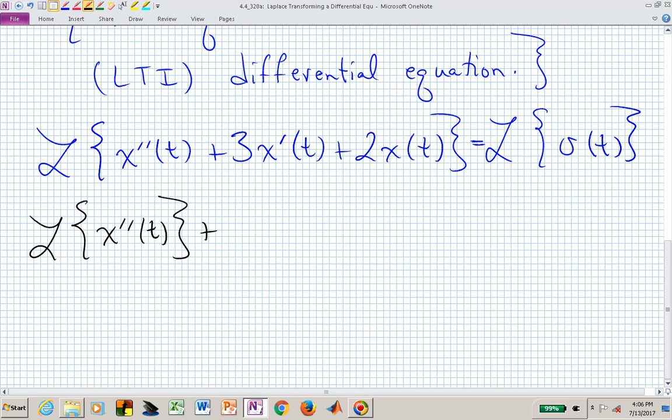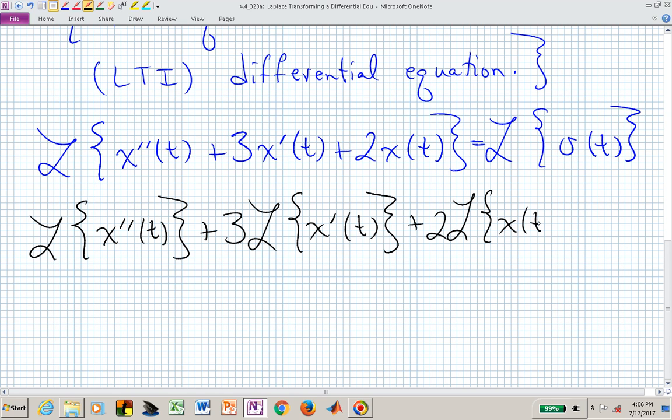We can pull the 3 outside because of the homogeneity property: 3 times the Laplace transform of the first derivative of x, plus 2 times the Laplace transform of x, and that's equal to the Laplace transform of v of t. V of t was just an arbitrary waveform in time, so we'll say it has an arbitrary Laplace transform, capital V of s.